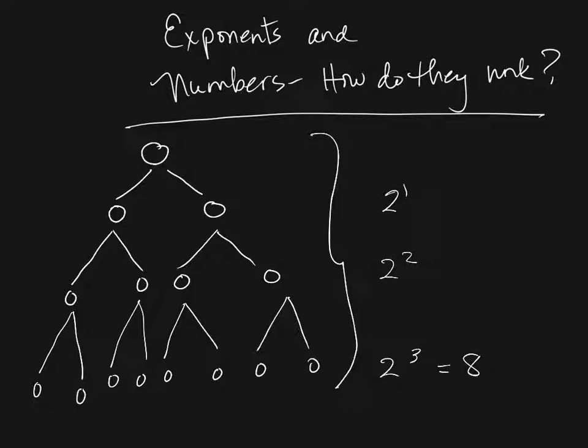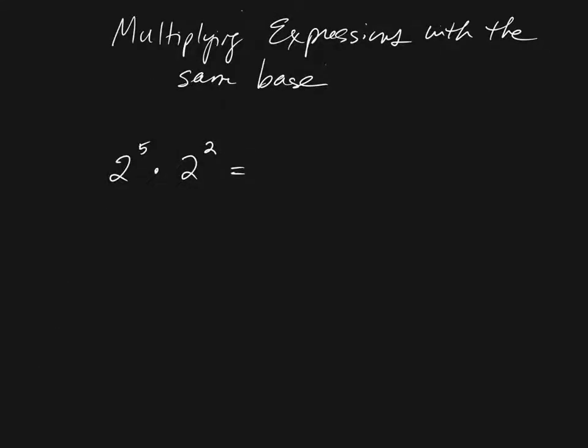Right? So in any tree like this, where something is growing exponentially, and the pattern that's occurring is every time you're multiplying by 2. So what if you had something like this, where you wanted to multiply 2 to the 5th times 2 squared?